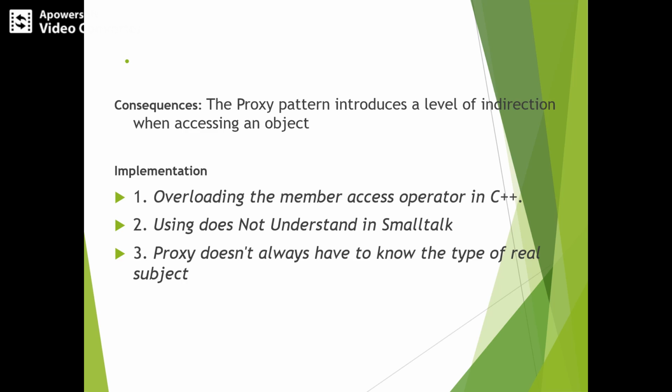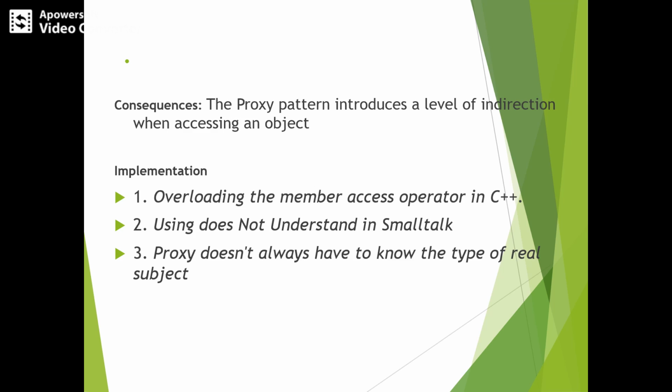Here we need to consider that the proxy pattern can exploit the following language features. During implementation, we need to consider how it is going to exploit these language features. First one: overloading the member access operator in C++.